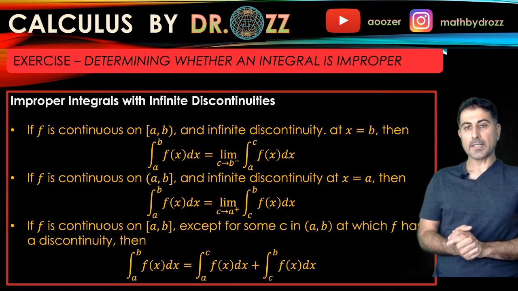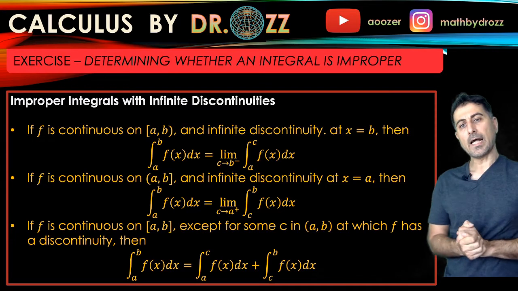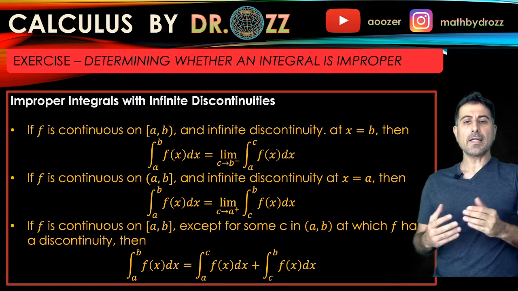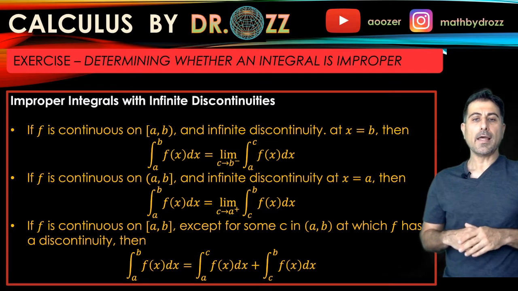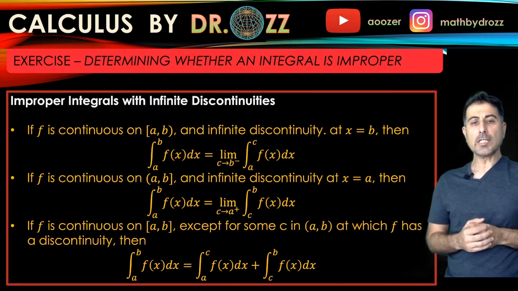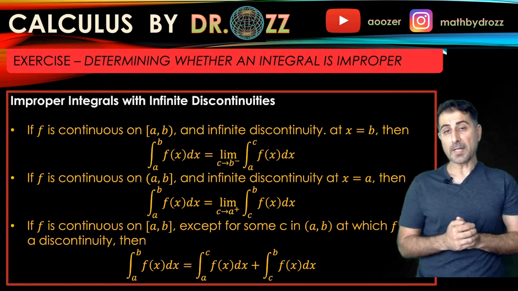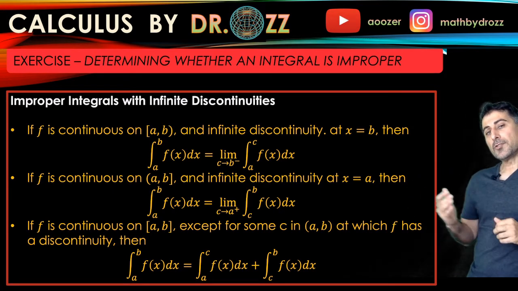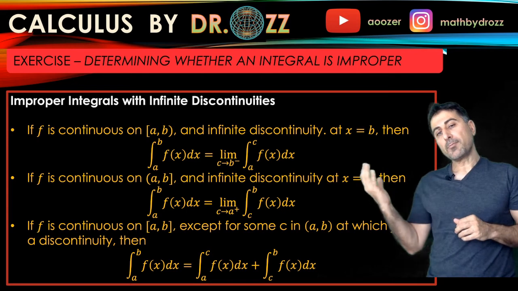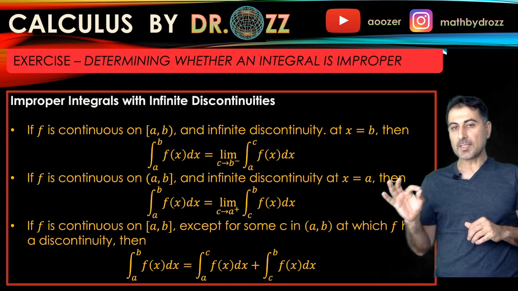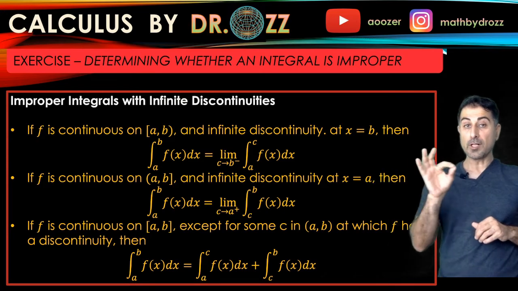So here are the guidelines for handling improper integrals with infinite discontinuities. Let's say f has an infinite discontinuity at point b, which is in fact the upper limit of integration. What you can do here is replace that b by c, and you approach b by c from the left.